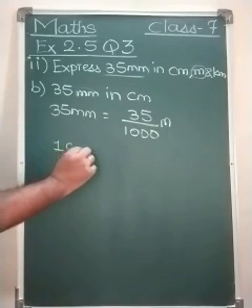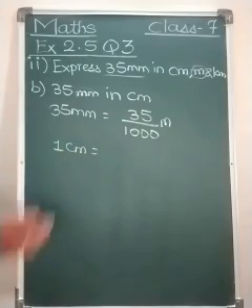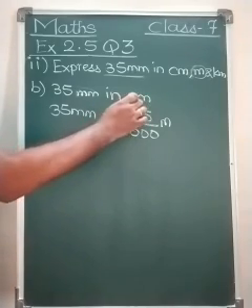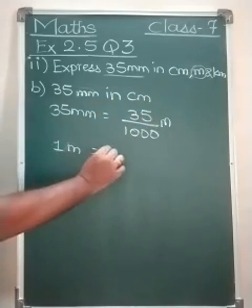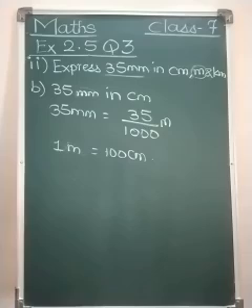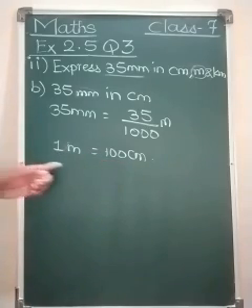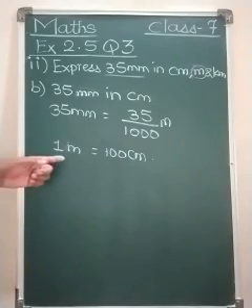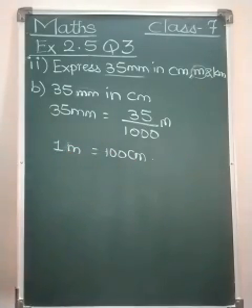1 meter, below centimeter 1 upon 100 is there, so 1 meter equals 100 centimeter. 1 meter equals 100 centimeter. This is to be known, very necessary. 1 meter equals 100 centimeter.